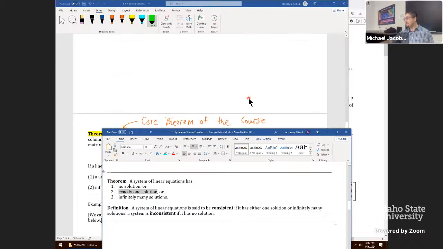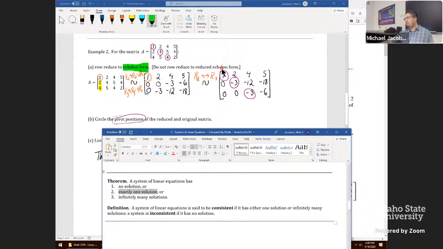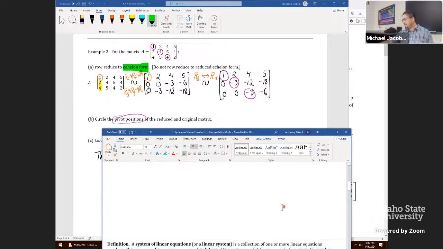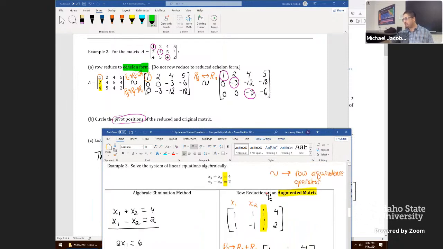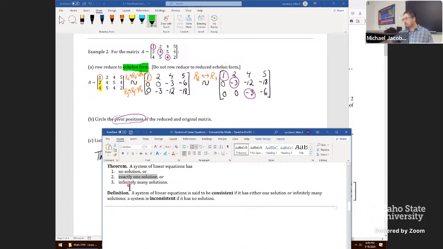What we mean by that is you'll have a pivot corresponding to x1, a pivot corresponding to x2, and a pivot corresponding to x3. All your variables will be accounted for as pivots. That means you have exactly one solution. And we saw that in our work. Let me just go to this one, infinitely many solutions.